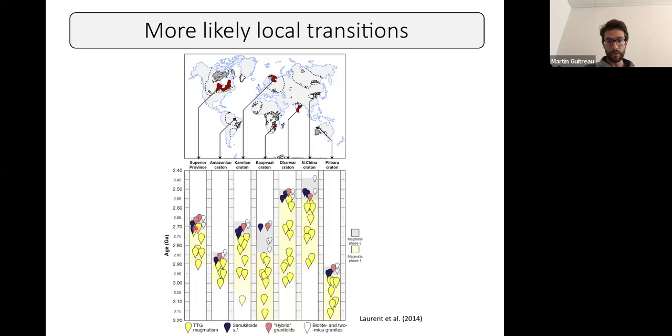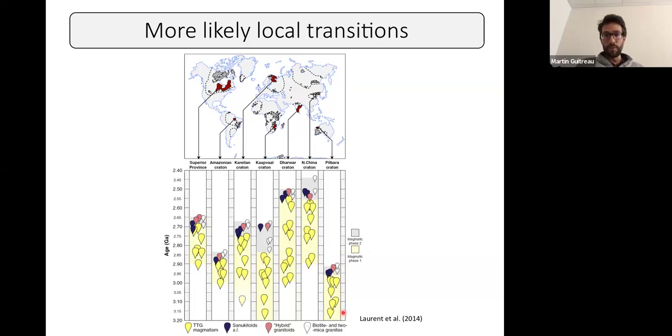So you have juvenile granitoids, let's say, for a certain time between 200 million years and 300 million years. And then you have some specific granitoids that mark the stabilization of these cratons. And depending on where you look, you have granitoids of the same sequence that actually formed at different times. So this transition is likely to be local rather than global.